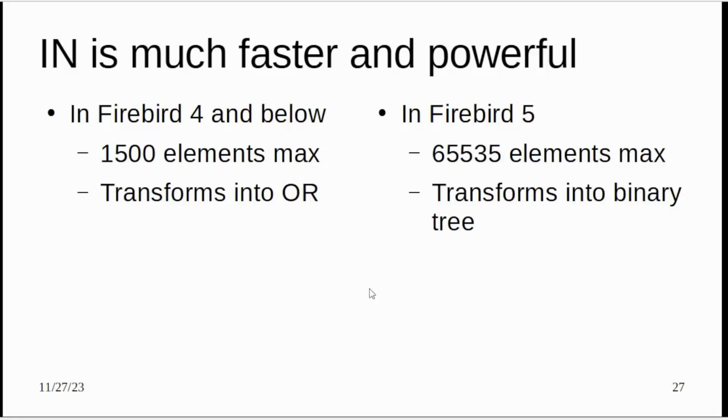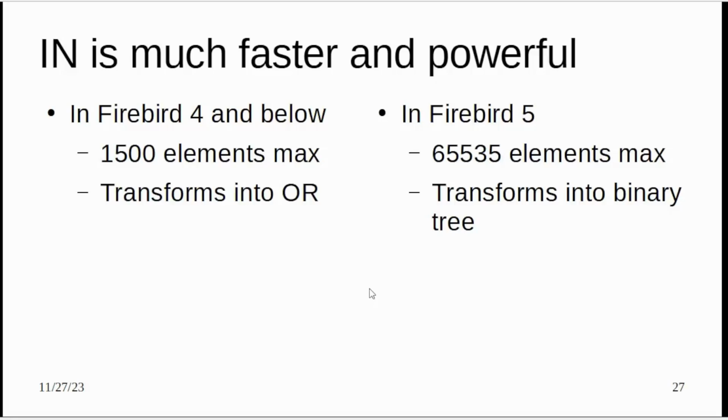To optimize it, Firebird 5 introduced a new way to treat IN with constants. Firebird 5 will transform it into a sorted binary tree, and use a much faster technique to filter records with elements of IN.